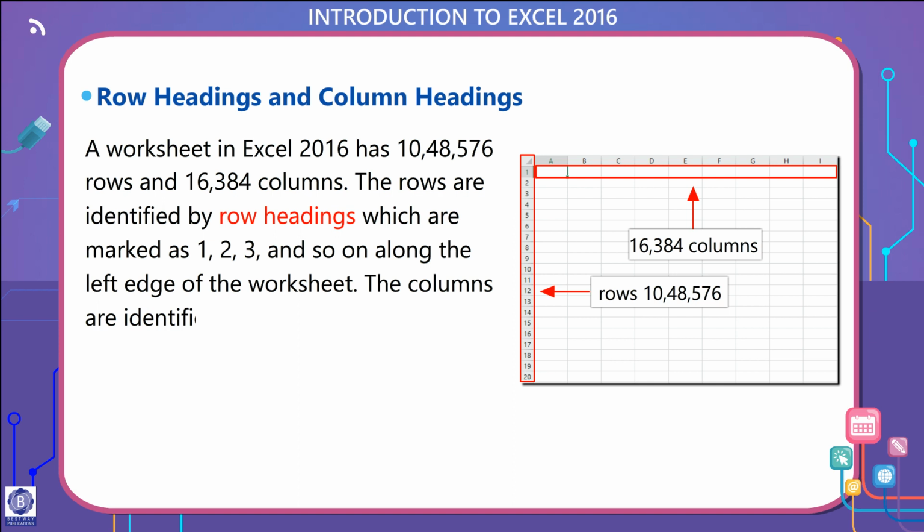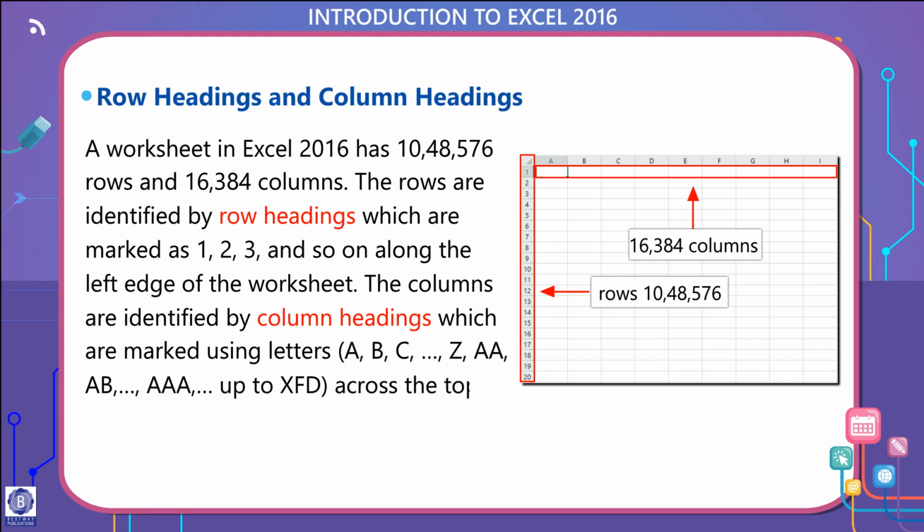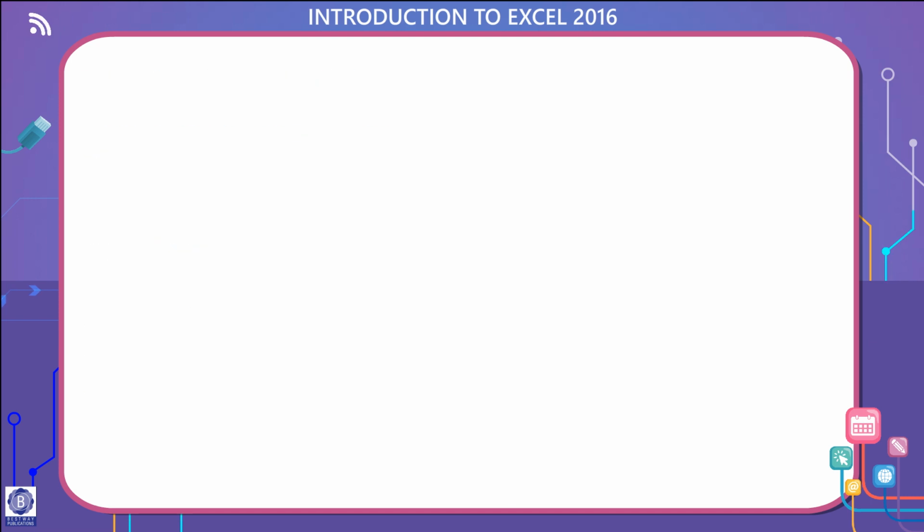The columns are identified by column headings, which are marked using letters A, B, C, Z, AA, AB, AAA up to XFD across the top of the worksheet.